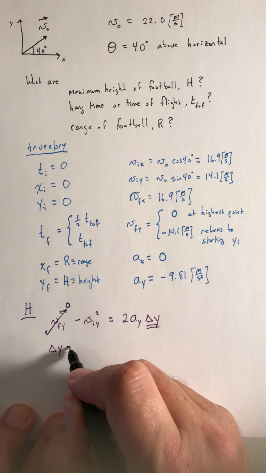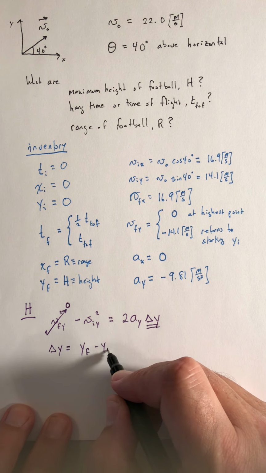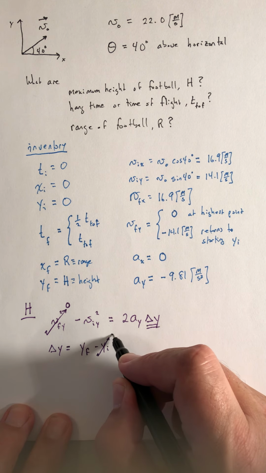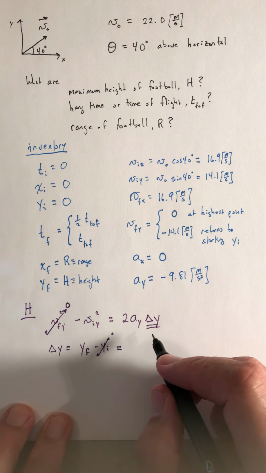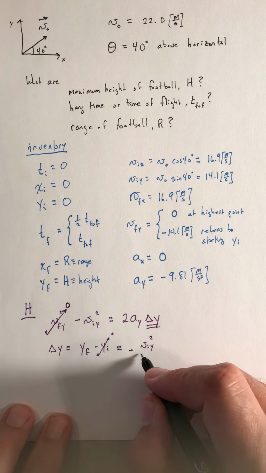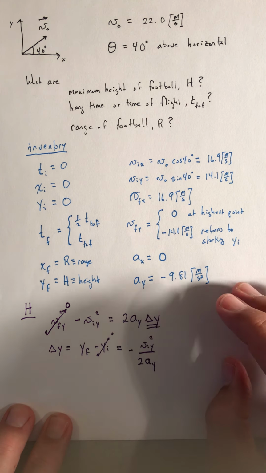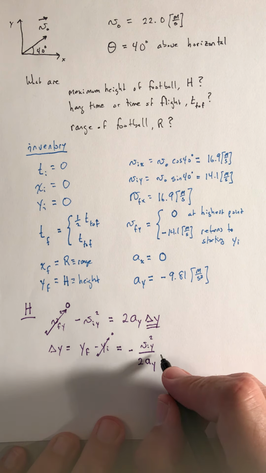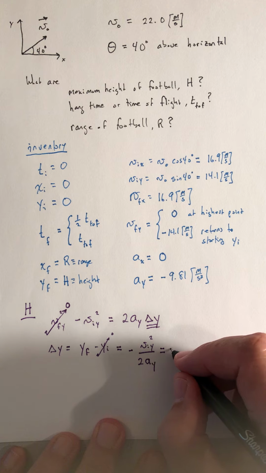And that's going to be delta y, y final minus y initial, which we took to be 0, is going to equal minus v initial y component squared over twice ay. And we put in numbers, a minus sign.